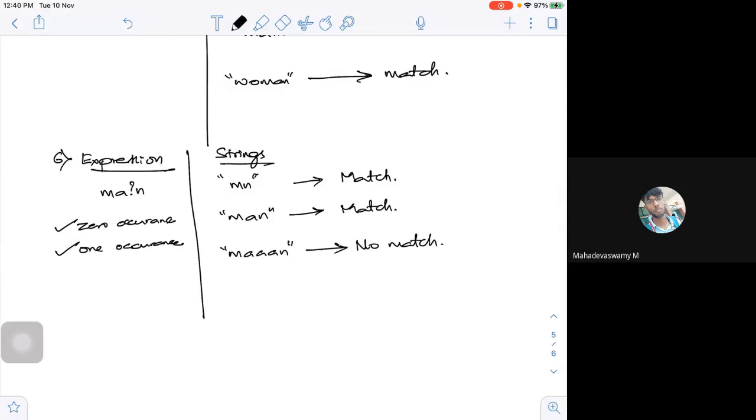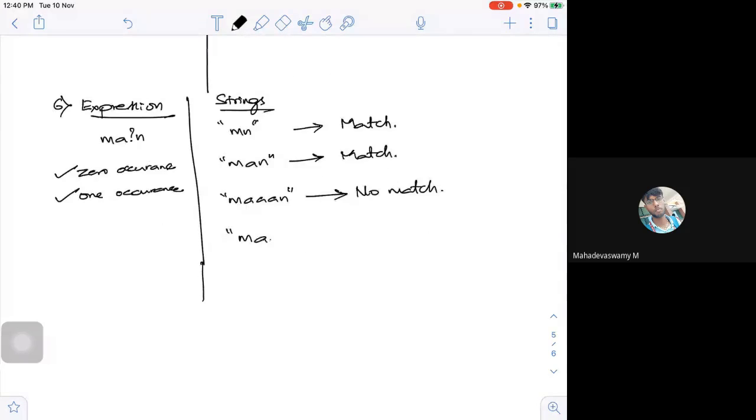What about MAIN if I take it? A is not followed by N, so it is no match. What about woman? There is a match.